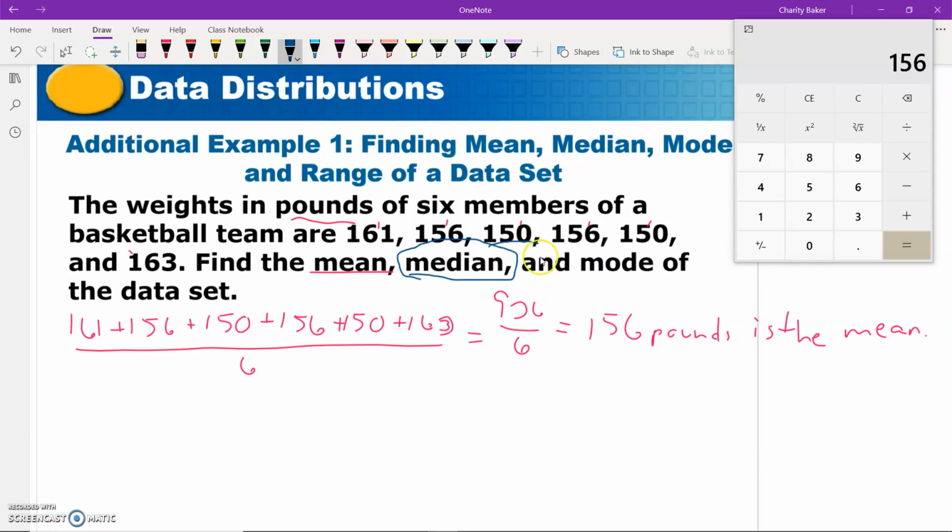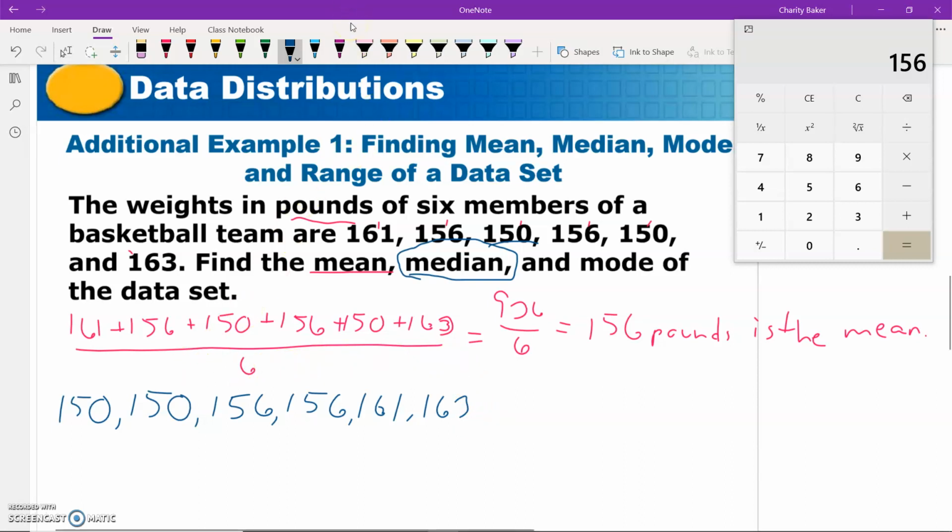Looks like 150. There are two of them, so I'm going to write it twice because it's two different people. Then I've got 156, and again there's two of those. Then 161, and my largest number is 163.